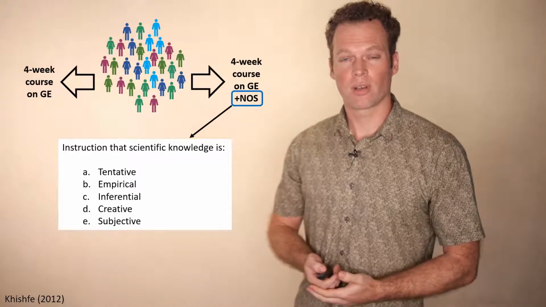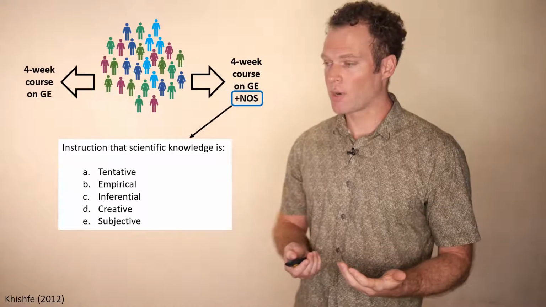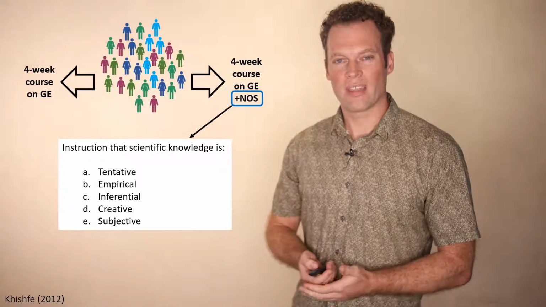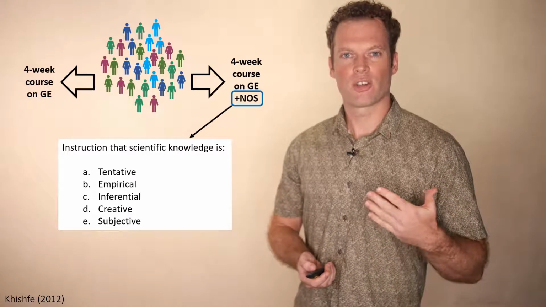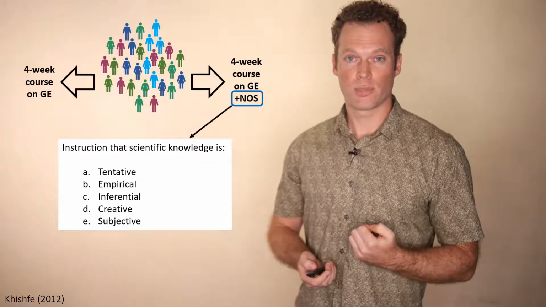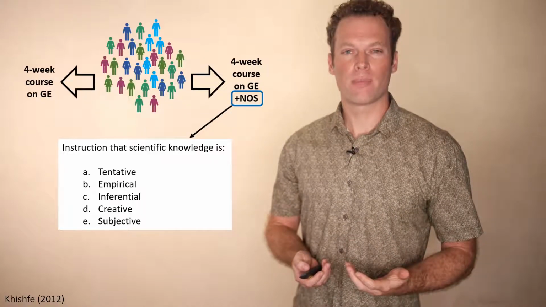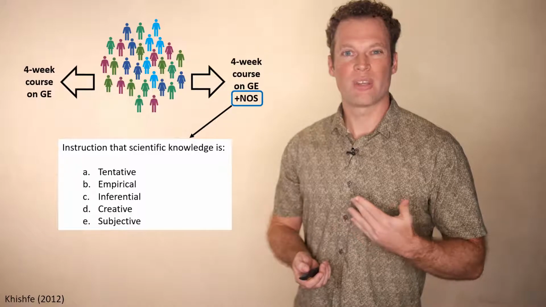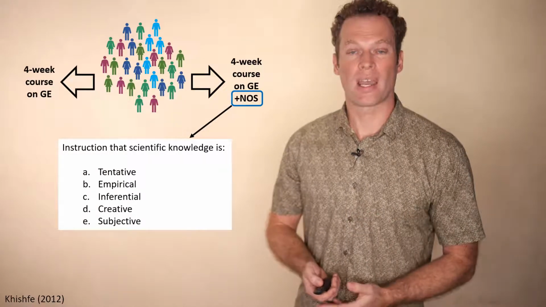Scientific knowledge is empirical in that it requires observations to make claims about a phenomenon. It is inferential in that the conclusions drawn about a phenomenon are based on interpretation of the observations. It's creative in that theory development and thinking about how to test hypotheses requires some creative thought, coming up with new ideas.